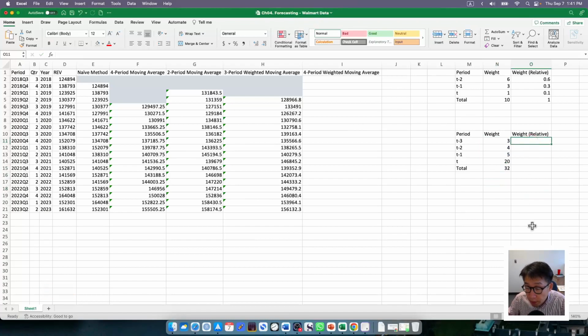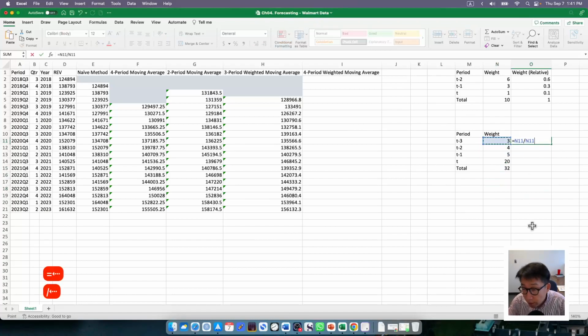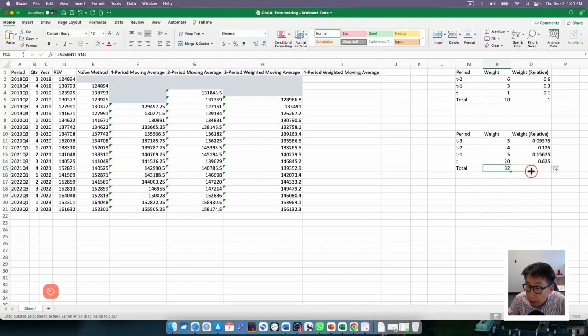And here the weights divided by the total. Absolute reference this, and go all the way like this. Oops. And then the total should be 1 like this. So then this is the first step. We're done figuring out the weights.